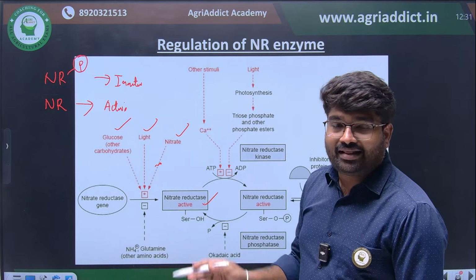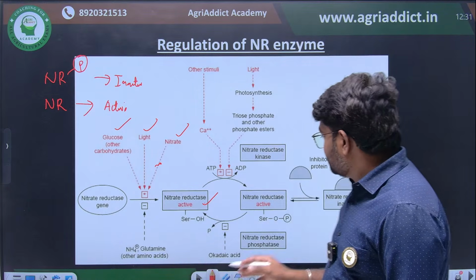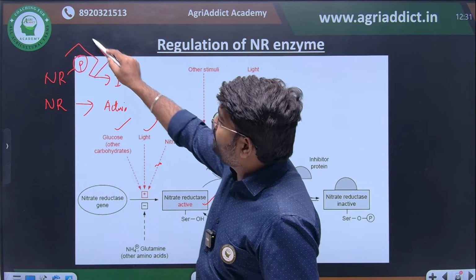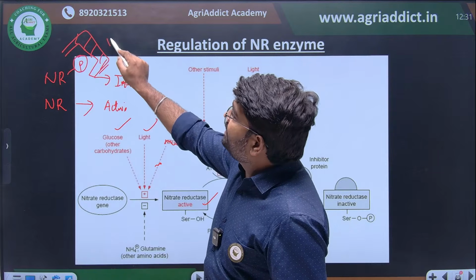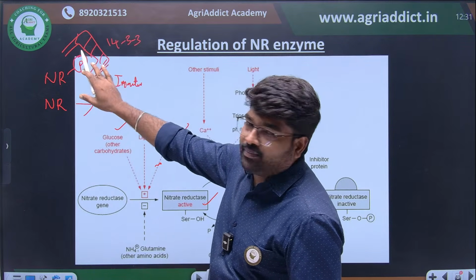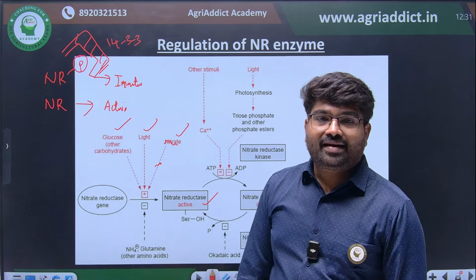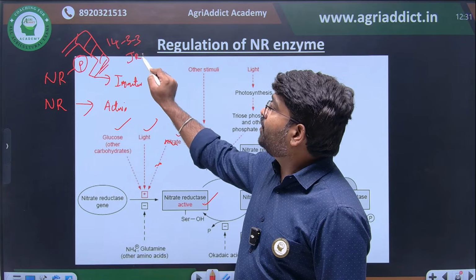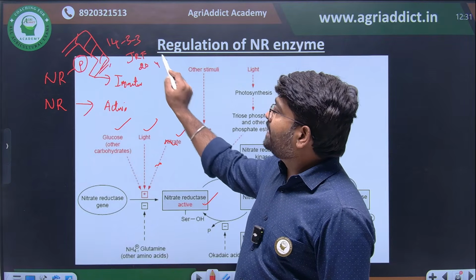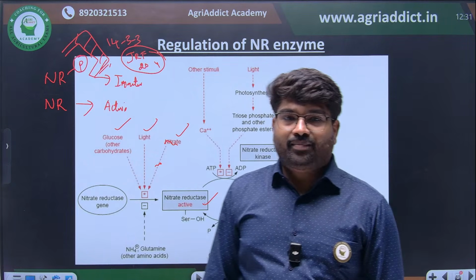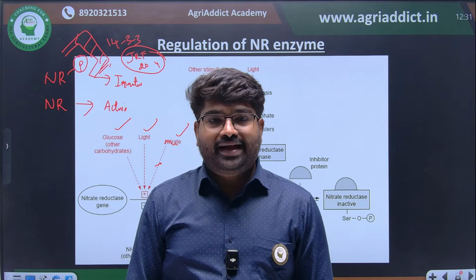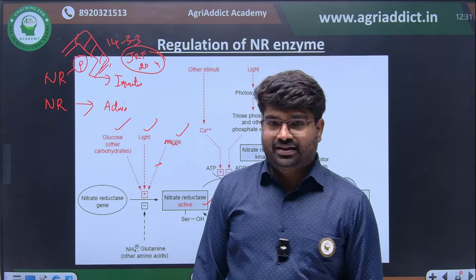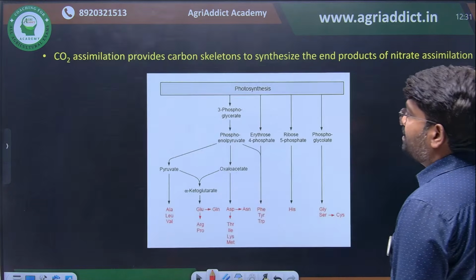Another important thing they asked: once NR is phosphorylated, the 14-3-3 protein will come and bind, and that will further inhibit the enzyme activity of NR. This question was asked in JRF 2024. So the NR enzyme is inhibited by phosphorylation, and the further binding of the 14-3-3 protein inhibits NR activity. This is the important regulation of nitrate reductase.